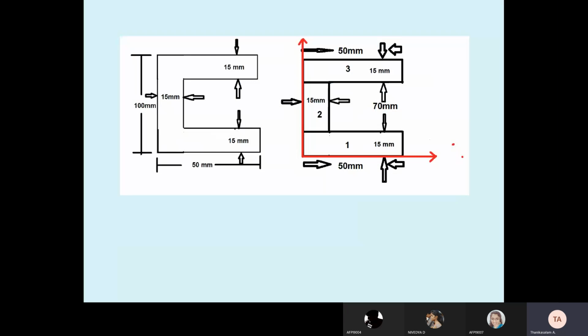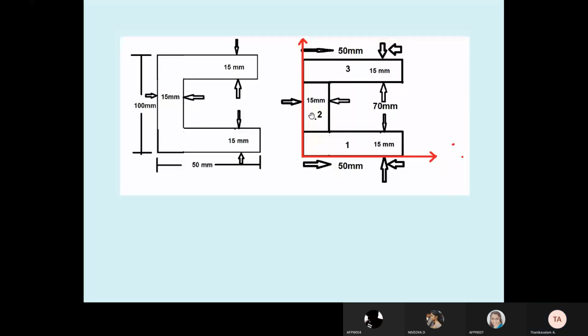Divide the diagram. So I can divide the first rectangle, 50 mm into 15 mm. See, the total is 100 mm. Students, total height 100. What is the thickness? 15, 15, so 30. 100 minus 30, 70. See here, the second rectangle height is 70 mm. How is it 70 mm? Total 100, the top side 15 mm and the bottom side 15 mm are subtracted.